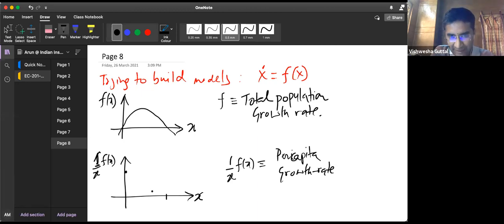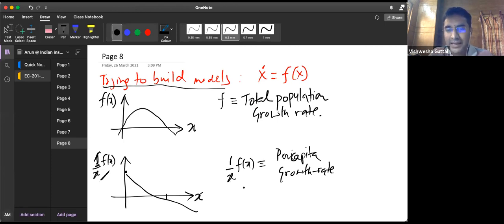Therefore, it must be a declining function, and in fact, maybe it might even become negative. Sorry, this is a bad graph, but I guess you got the point, right? So this is how we started the model. We wrote down how the per capita growth rate changes with population density. And we did this for the assumption of intra-specific competition.